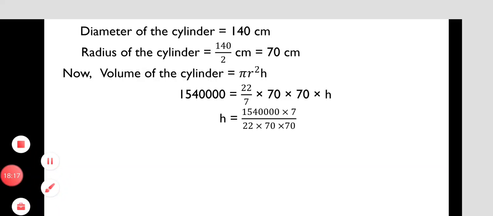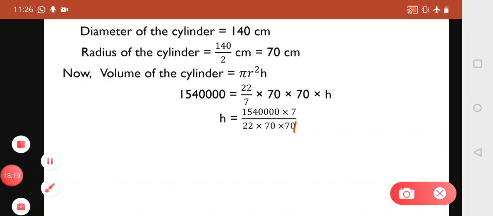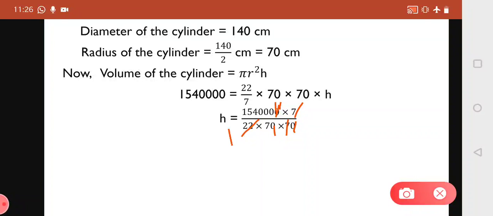Here you can cut the zeros, two zeros will cut, and another two zeros will be cut. This 7 and 7 will be cut. Here 22 ones are 22, and 22 sevens are 154. You have to remember this, because it is very useful in the calculation of mensuration.